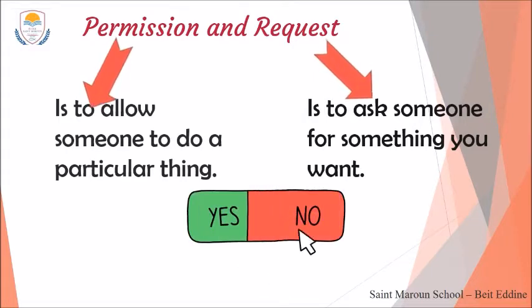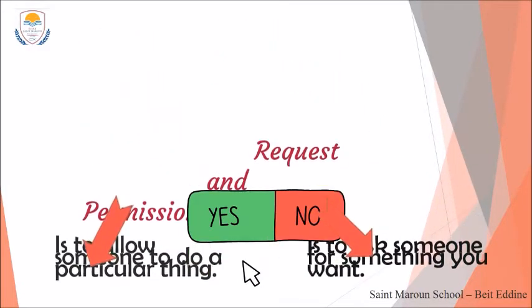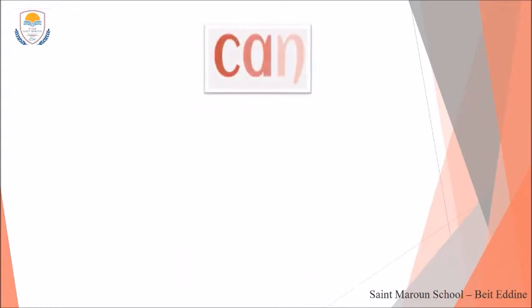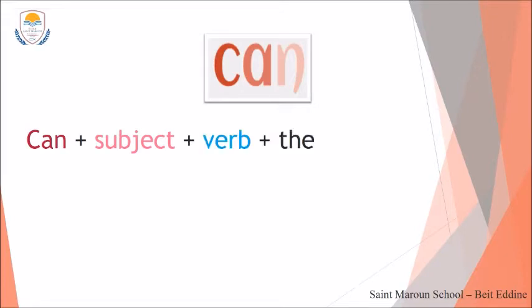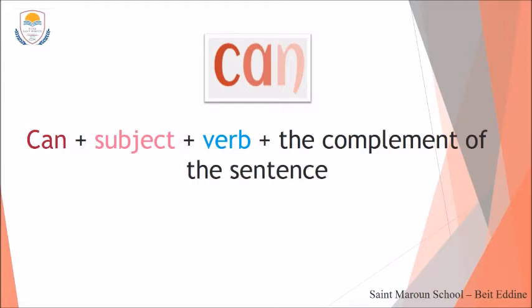And now, how do I write the permission and the request? I write them using the word can. But what is the form? I put can in the beginning of the question, and then the subject, and then the verb, and the last thing I add is the complement of the sentence.